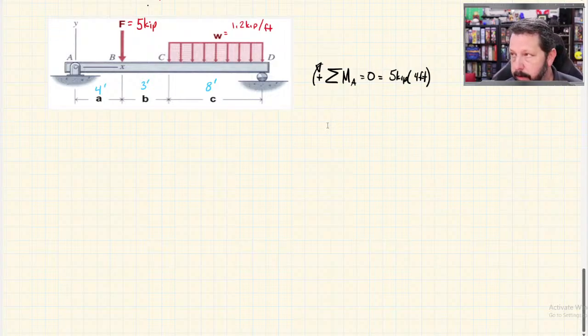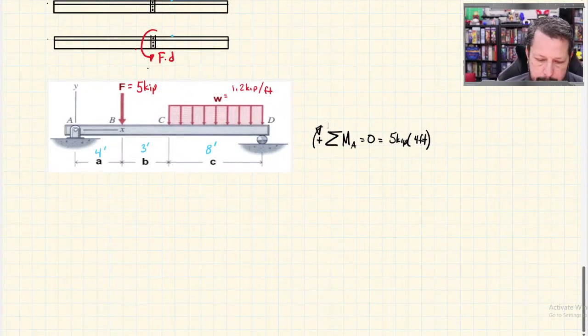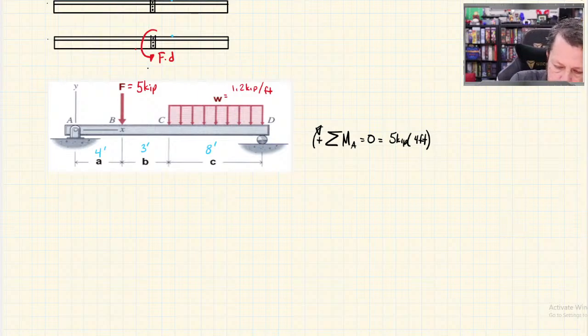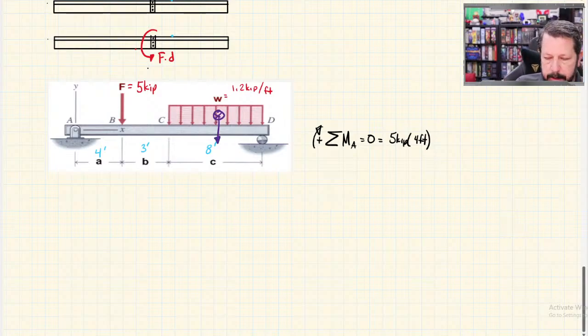Then I've got my distributed load. Now this one I will draw on top, the lumped version of my distributed load. The lumped version is 1.2 kips per foot times 8 feet, so it's a total of 9.6 kip.